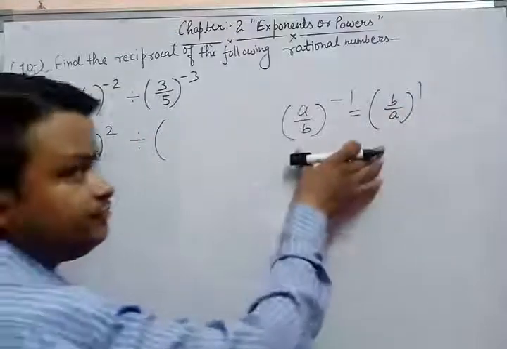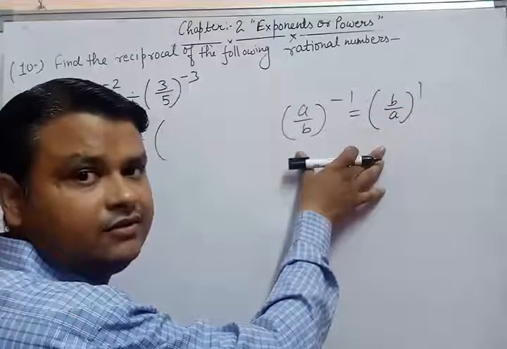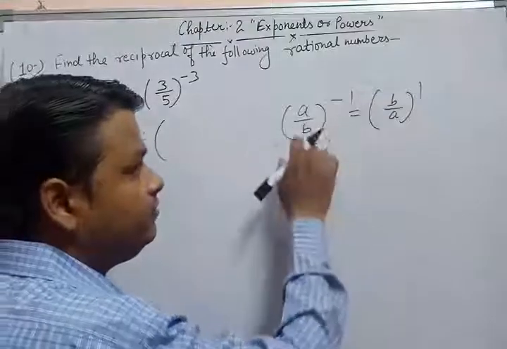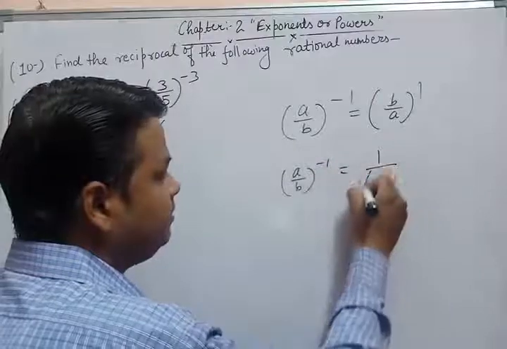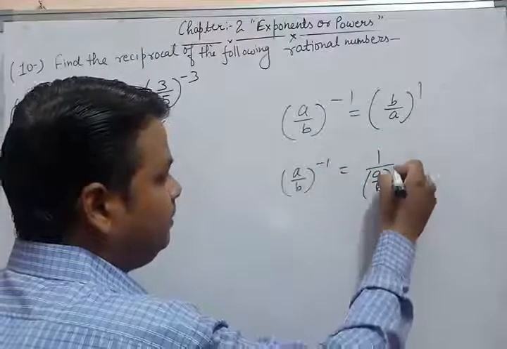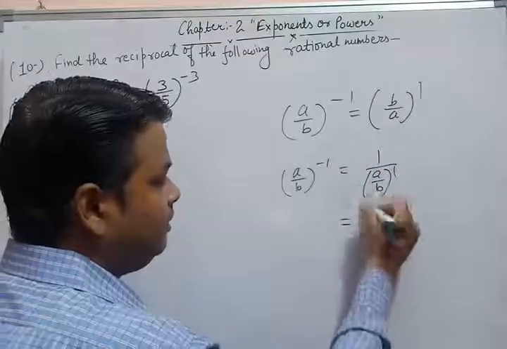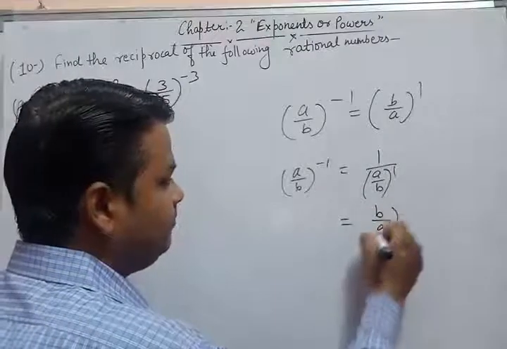I have told you in a previous video, in the laws of exponents, that A upon B to the power minus 1 can be written as 1 upon (A upon B) to the power 1, and this can be written as B upon A to the power 1.